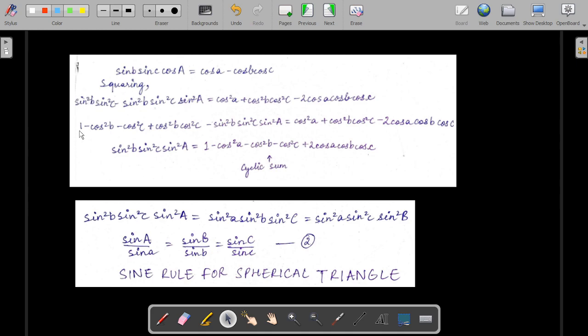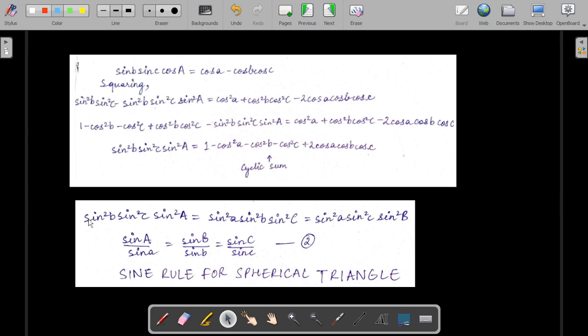You get this, and then you use the identity sine squared theta plus cos squared theta is 1, and then you get to this step, and now you rearrange the terms and you get the RHS as this: 1 minus cosine squared A minus cosine squared B minus cosine squared C plus 2 cosine of A times cosine of B times cosine of C. Now, as you can observe, this is a cyclic sum, so it wouldn't depend on the LHS.